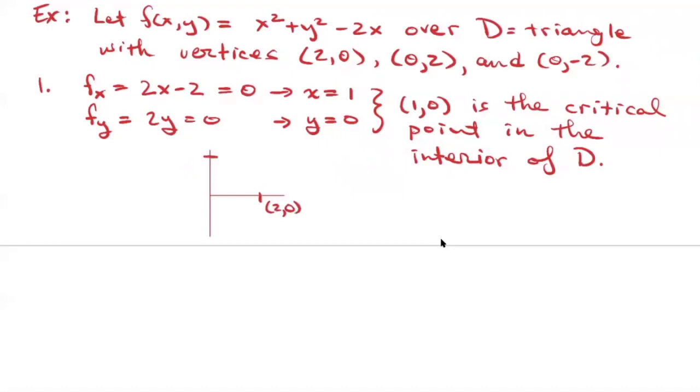Up here is 0, 2. And down below is 0, negative 2. And maybe I'll do that in green. So we get our triangle.